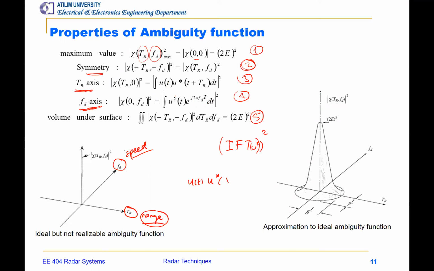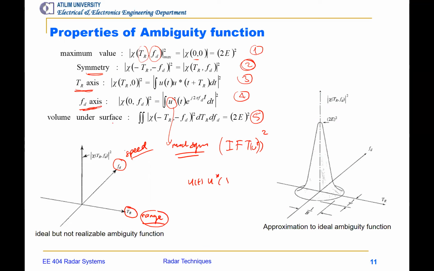Okay, so you see the heart of this function is actually the transmitted modulating signal, right? Once we design this signal, we simply obtain an ambiguity function accordingly.